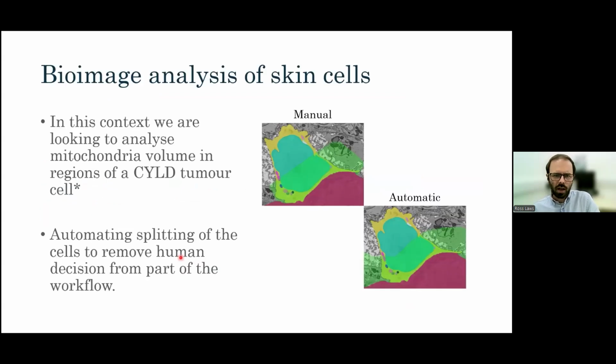Well, we actually had a master's student originally find a way to divide the cells in half to then be able to look at the mitochondria population in one half of the cell versus the other. But I wanted to try and make this a bit more reproducible and unbiased. So what I did was find a way to automatically split the cells in half based on their proximity to the basement membrane. And this gets rid of the human decision part from the workflow in this case.